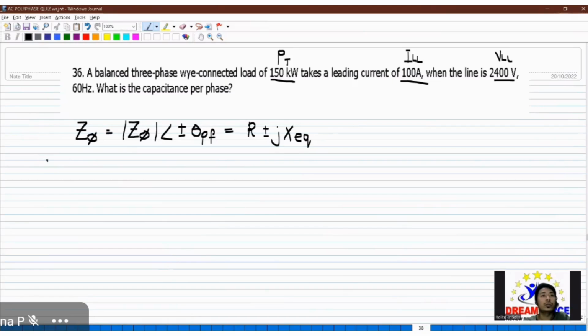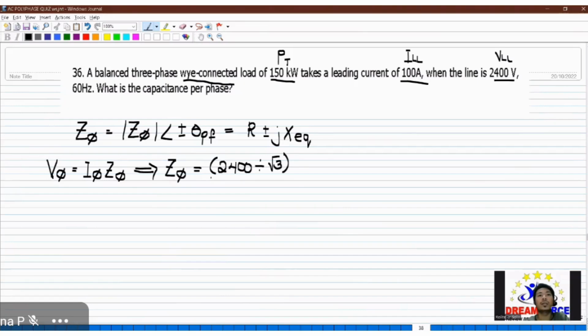Okay, so using Ohm's law, V per phase is equivalent to I per phase times Z per phase. Kunin ko muna si magnitude ni Z. Tandaan mo lang pag magnitude yung hinahanap, huwag mo nang ilagay yung mga angles. So we have your Z per phase that is equivalent to V per phase. Y connection, so meaning yung ating line to line, dividean mo pa yan ng square root of 3. Lagi mong highlightan kung anong connection para hindi ka na malito.